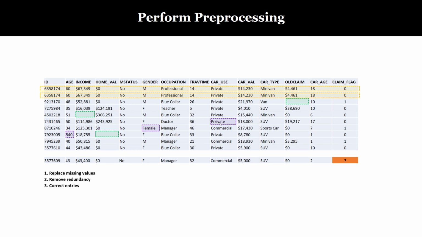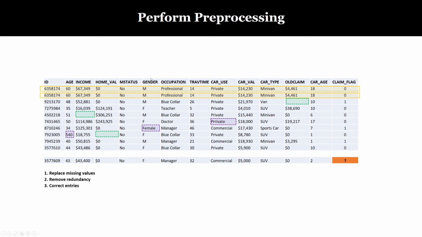And any learning system will understand this as another variable within the same column here. So the column will have three values: private, private with a wrong spelling, or commercial. And of course, that's not what we want. This entry here should be private, the same.